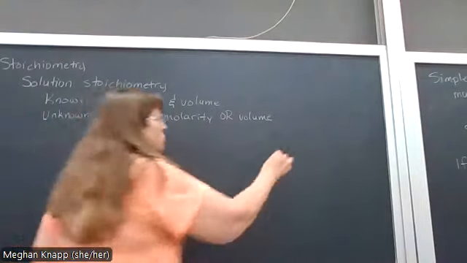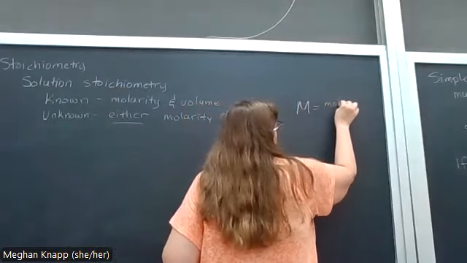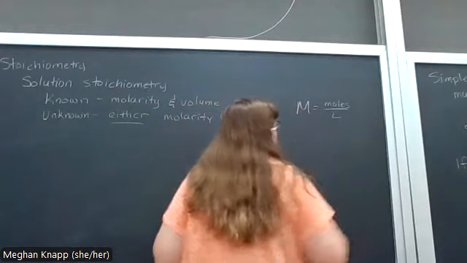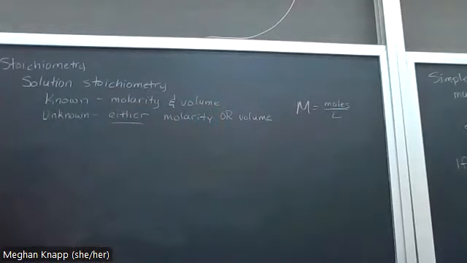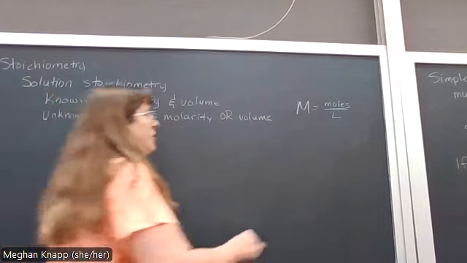Remember that molarity is equal to moles divided by liters of solution, okay? And we want to be able to do that mole-to-mole ratio step. So the first step in any stoichiometry problem is to get to moles. And in solution stoichiometry, we're going to get to moles by multiplying molarity times what?